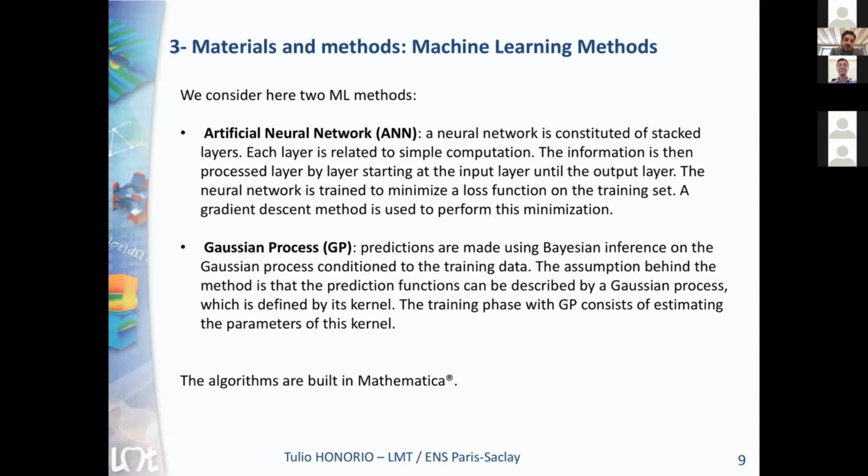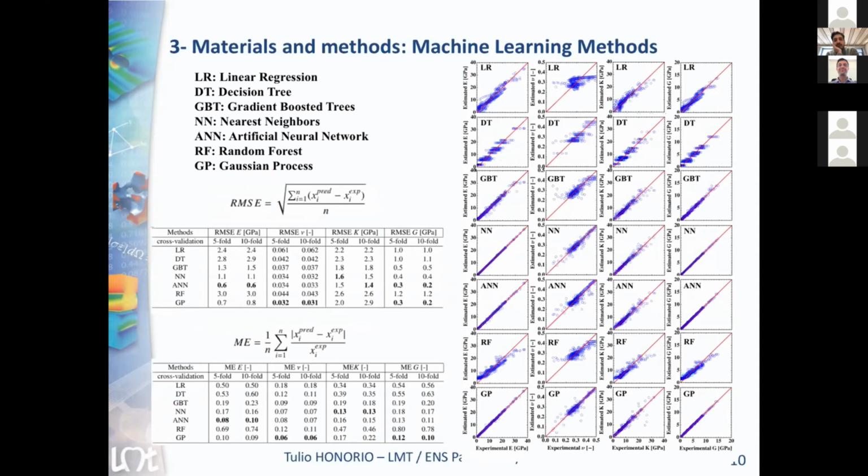So we are using these 2 methods here already built in Mathematica software. We tried other algorithms that you can also find in Mathematica, and we compare the performance with respect to the experimental data in the database.